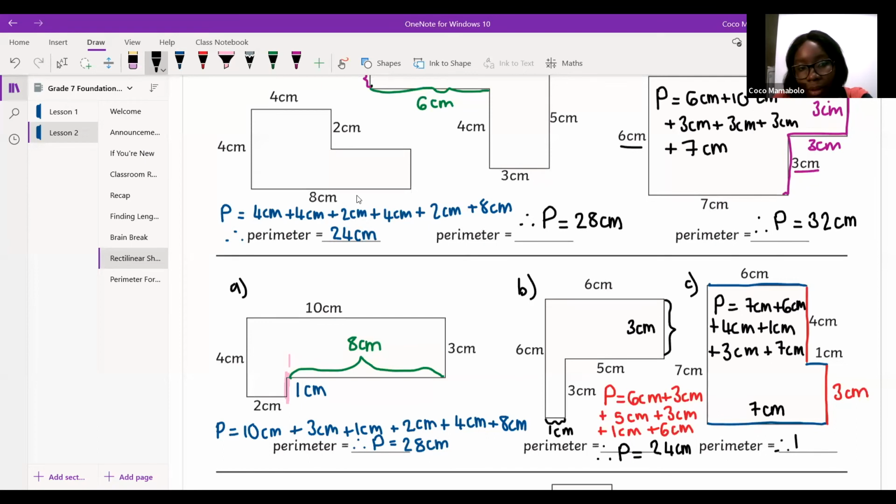Therefore, P equal to 7 plus 6 is 13, 17, 18, 21, 28. Thank you, Sila. P is equal to 28 centimeters. Okay, don't forget the centimeters.